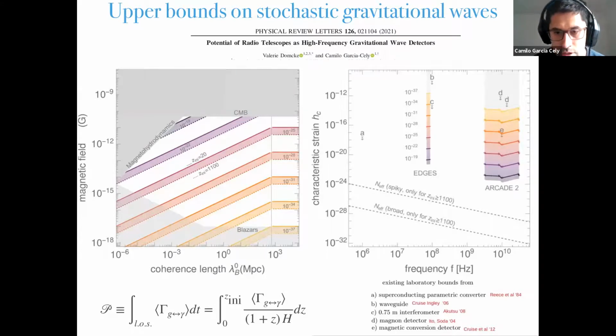And as before, if the cosmic magnetic fields are sufficiently large, then this constraint is very good. It supersedes terrestrial experiments, and if not, then, well, it depends, no?